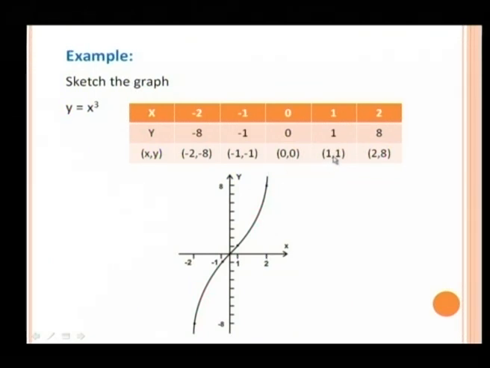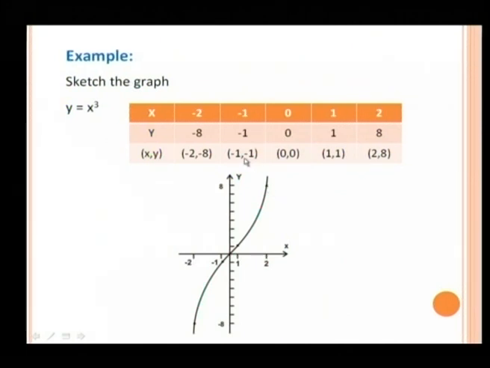If we consider the second ordered pair, which is 1 and 1, we will consider x value as 1 and y value as 1 as well. So we will get this dot. The third ordered pair is 2 and 8, meaning the abscissa value would be considered as 2, and the y ordinate value would be considered as 8. So we will get this dot on the graph.